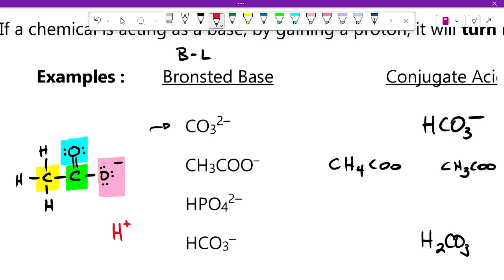Now remember, that hydrogen is going to attach by a covalent bond. What is a covalent bond made of? What does this line represent? That's a single bond. What is a single bond made of?